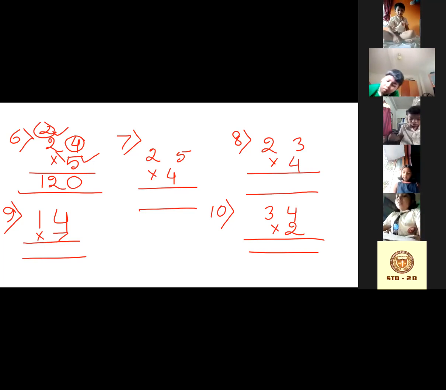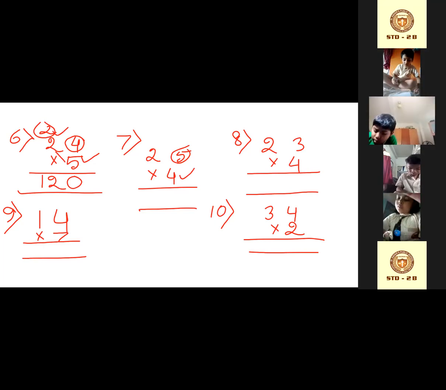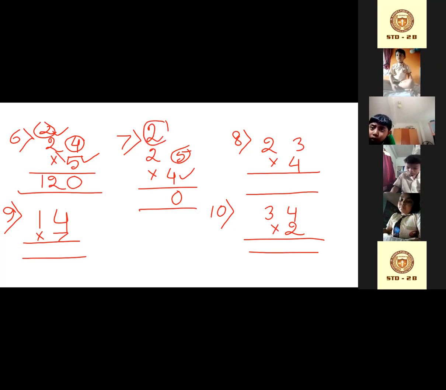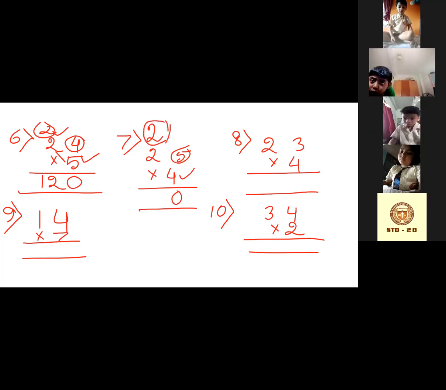Now the next one. This is 5. This is 4. 4 5s are again 20. 0 will be there. 2 carry forward digit. Now 4 2s are 8 plus this 2, 10.